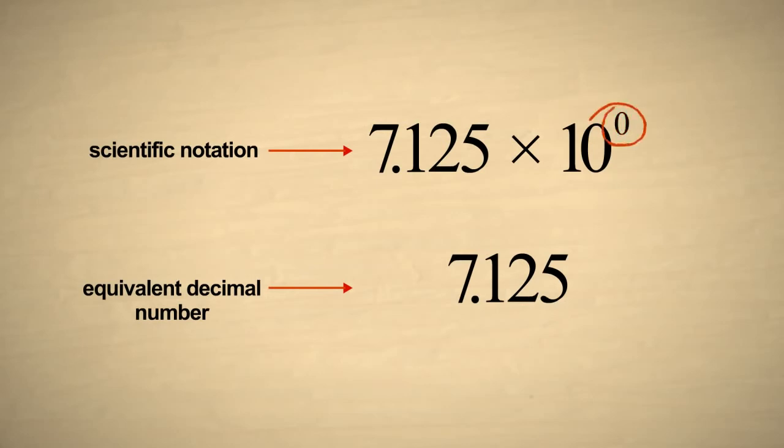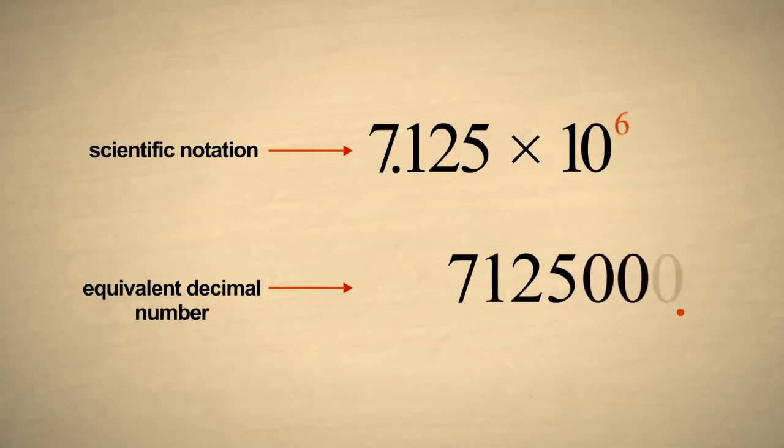If the exponent of the multiplier is positive, the decimal point is moved that many columns to the right. If the decimal point must move beyond the last digit, zeros are added to the end of the number to accommodate its new position.